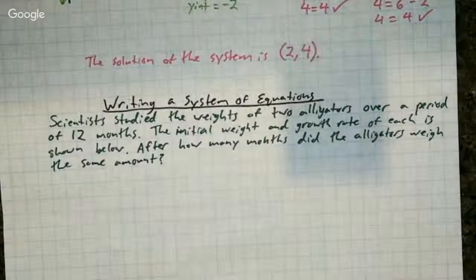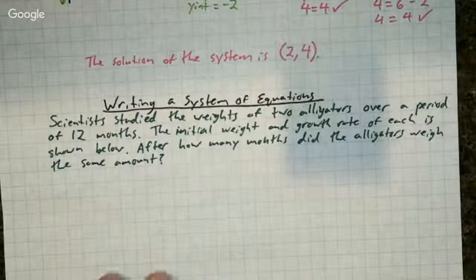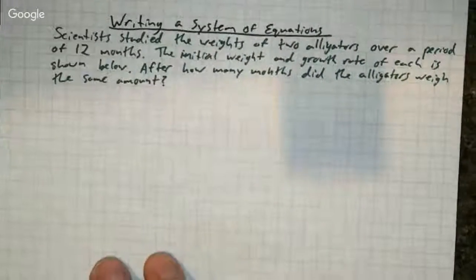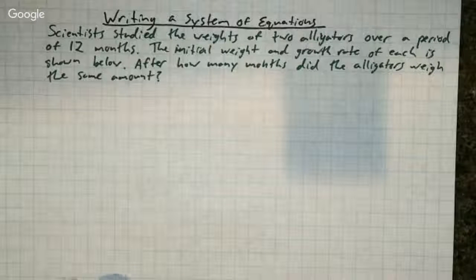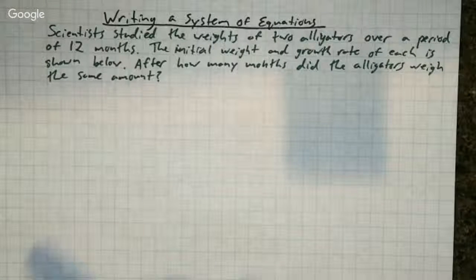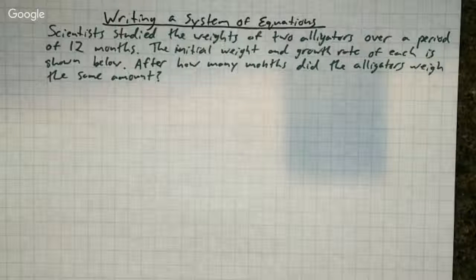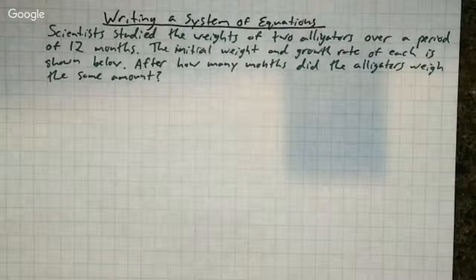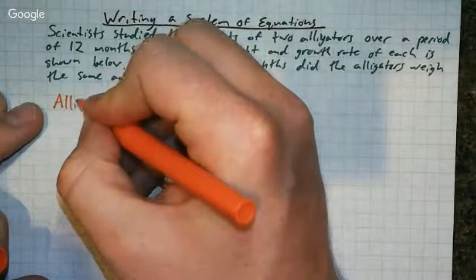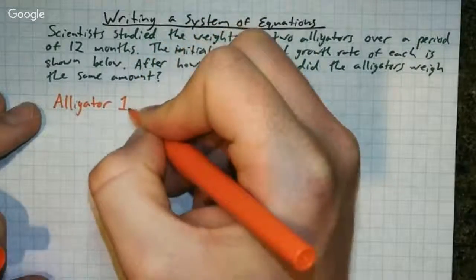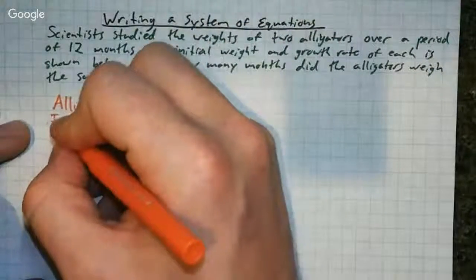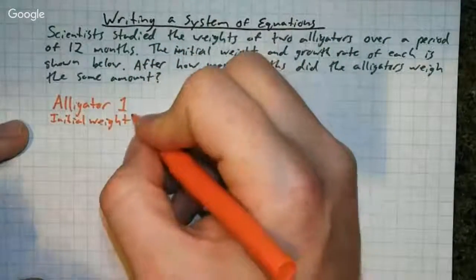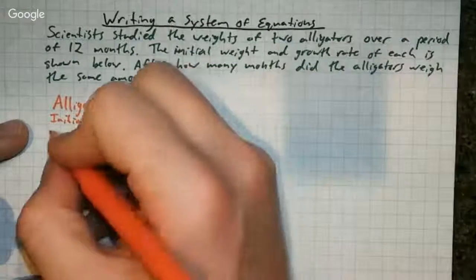Okay, so we have our problem. Now we need to go ahead and solve it. So I'm going to list the initial weight and growth rate of both alligators below here. Alligator 1, I'm going to use 2 different colors again, and because the Broncos are cool, I'm going to use these 2 colors. Alligator 1, its initial weight is 4 pounds.